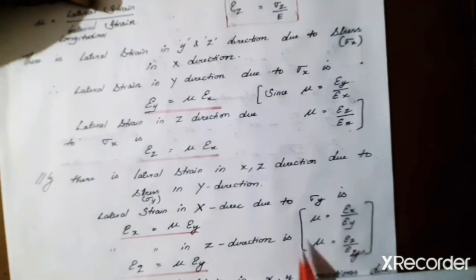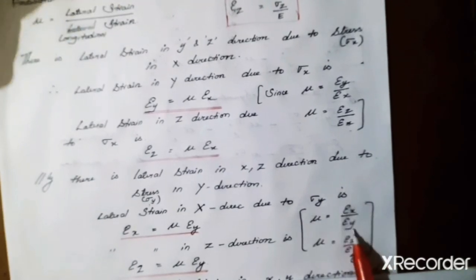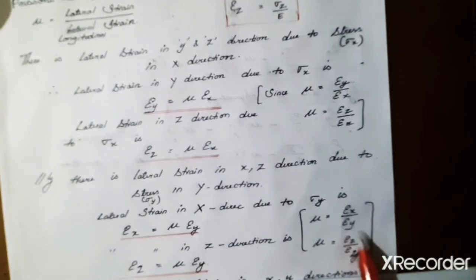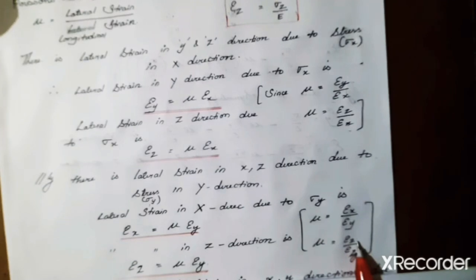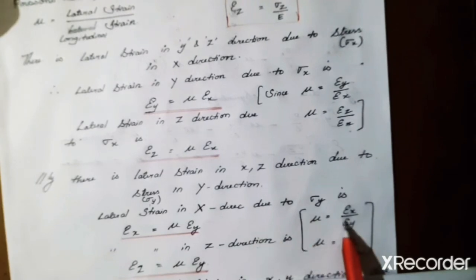Okay, consider sigma y. Epsilon y is the longitudinal strain, isn't it? Epsilon x and epsilon z are the lateral strains because of sigma y. So now as we did earlier, just interchange this.